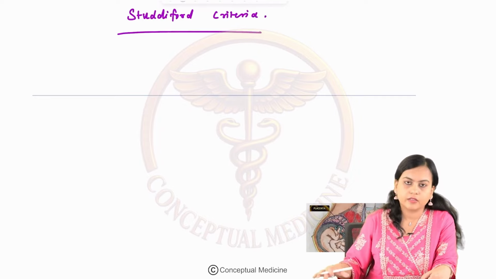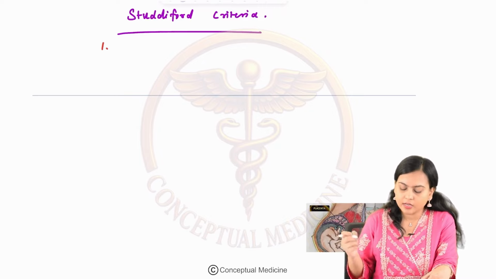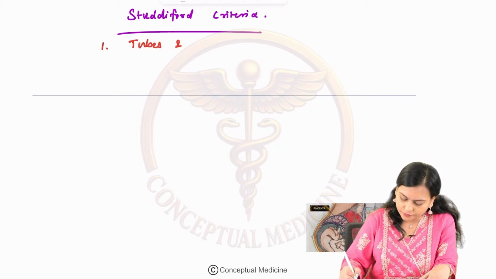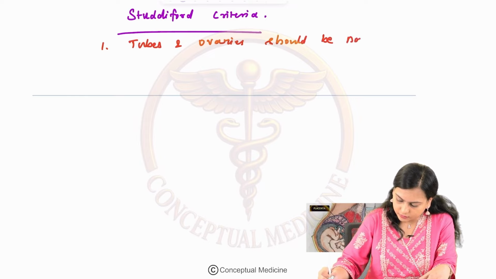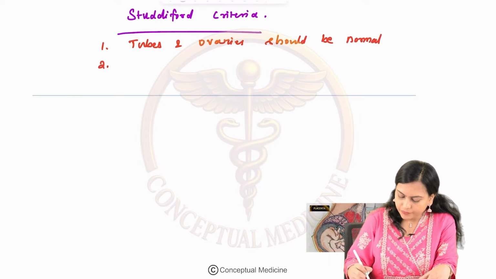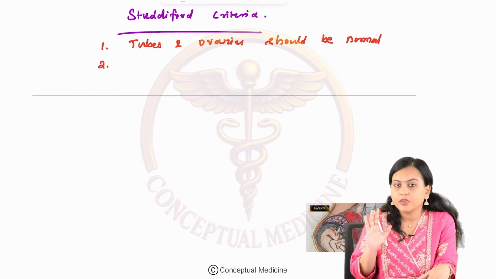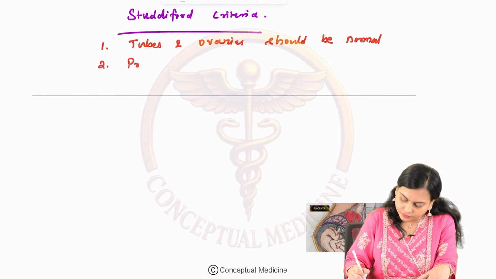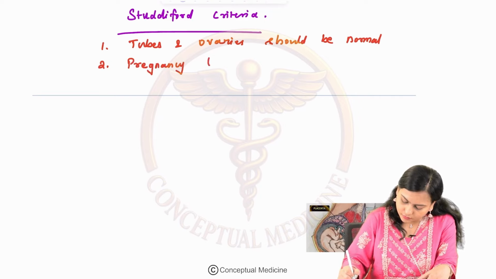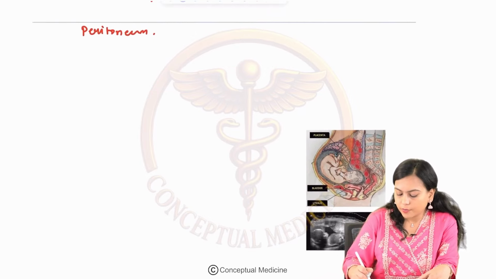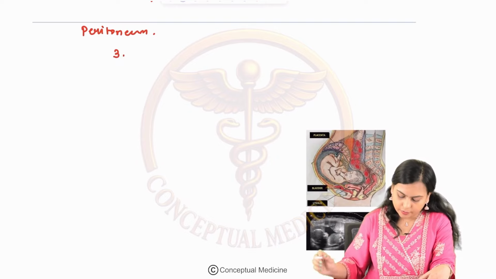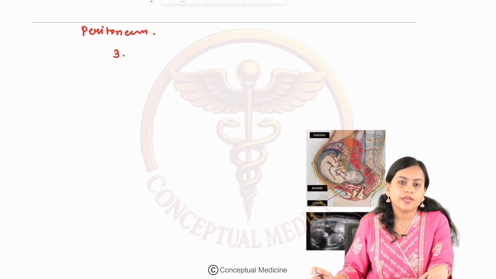As usual, can you tell me? Yes, tubes and ovaries should be normal. Second, pregnancy should be exclusively linked to the peritoneum. And there should not be any uteroplacental fistula, and there should not be any uteroperitoneal fistula.